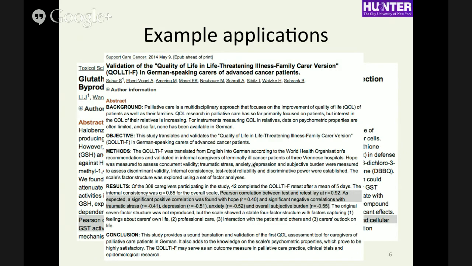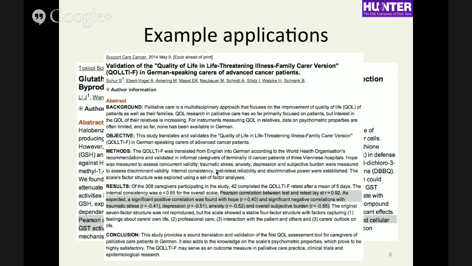What's the predictor here? I'm going to guess that the subjective quality of life measure is the response variable, and these other things like hope, traumatic stress, depression are the predictor variables.